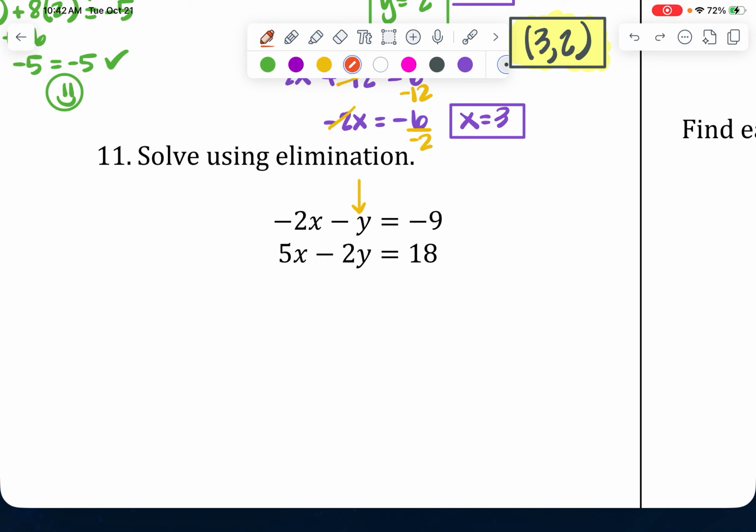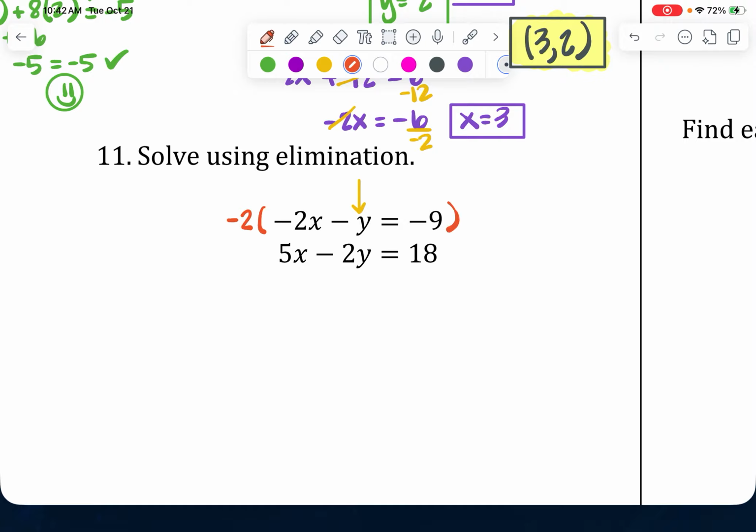But I am going to do the y's, and I notice this guy is already a negative 2, which means I need to turn this one into a positive 2. And the only way I can turn a negative 1y into a positive 2y is by multiplying by negative 2.